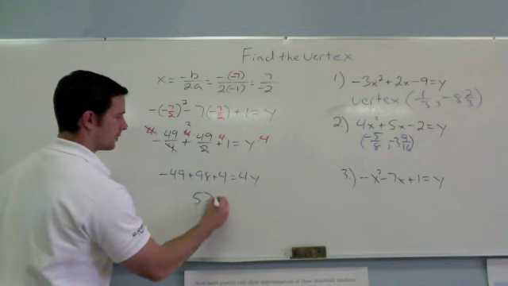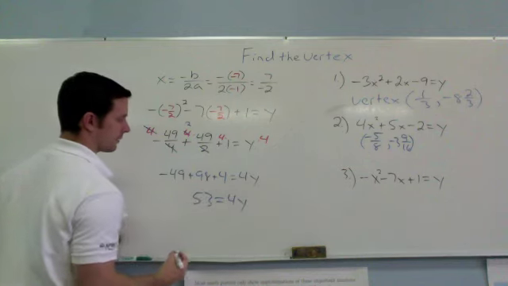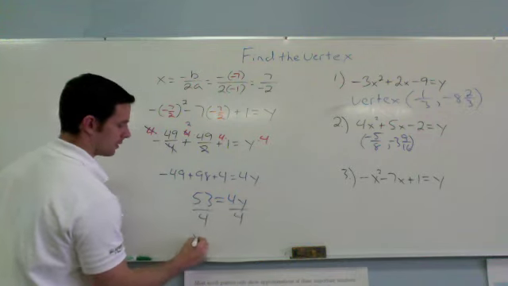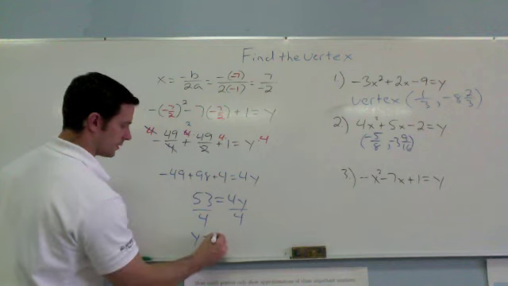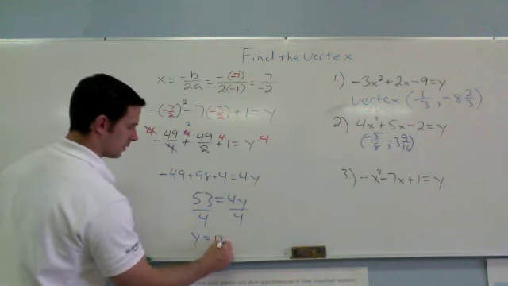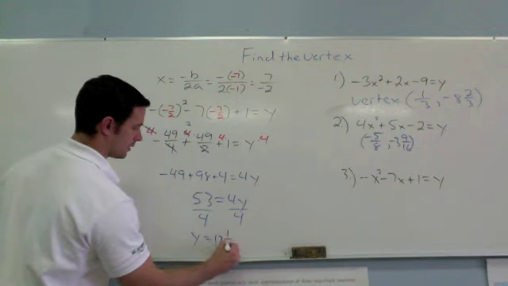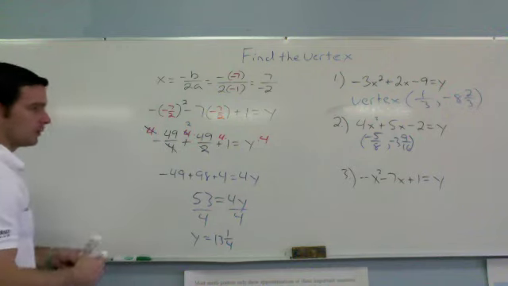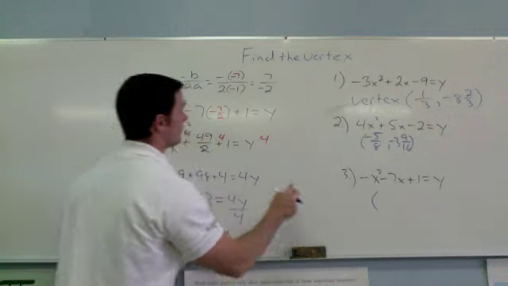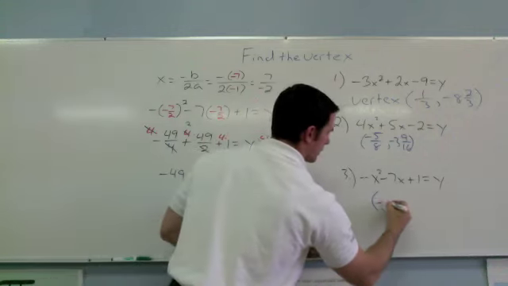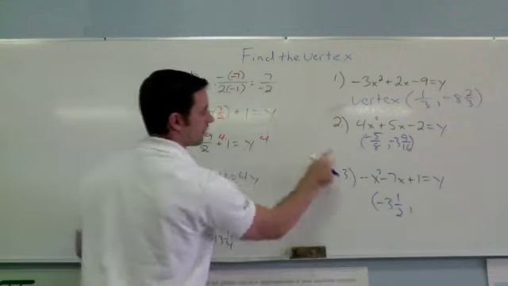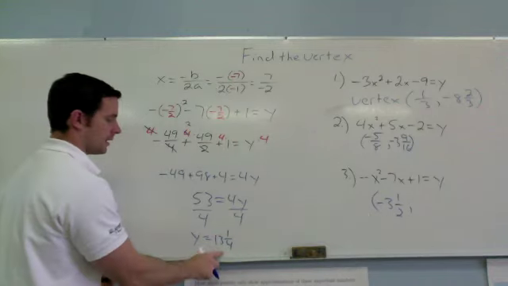So 53 equals 4y. Divide by 4. Y will equal 13 and 1/4. So my x value, my y value, so my vertex is negative 7/2 or negative 3.5. Just turn this back into a mixed number, negative 3.5, and then 13 1/4.